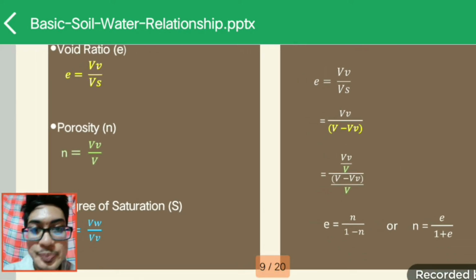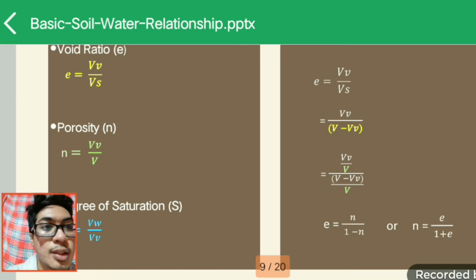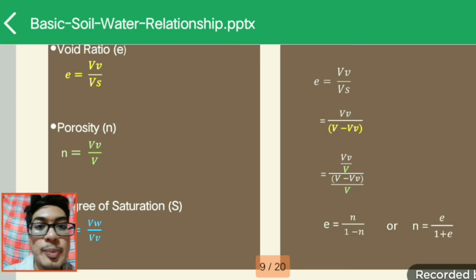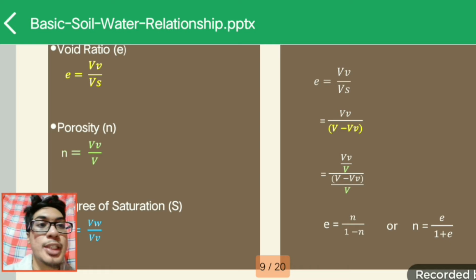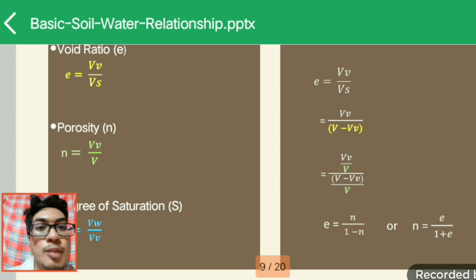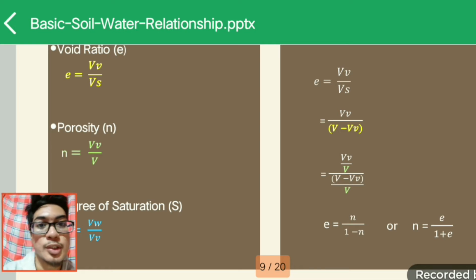Now what's going on? The process is they multiply the numerator and the denominator by 1 over V, or 1 over total volume. It's just an algebraic manipulation. We have volume of void over total volume in the numerator, and that's porosity, of course. On the denominator, V over V becomes 1, and volume of void over total volume is porosity, n.